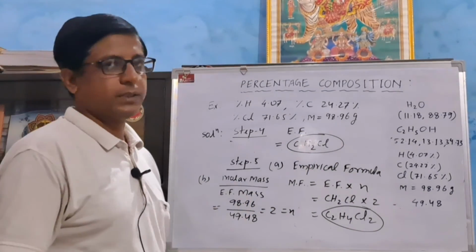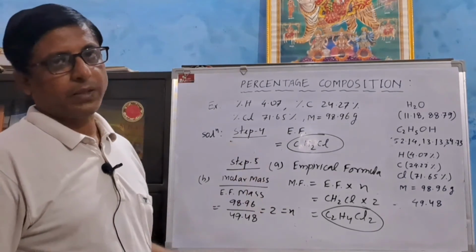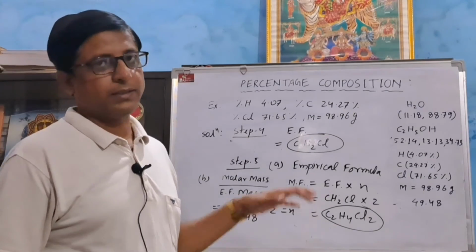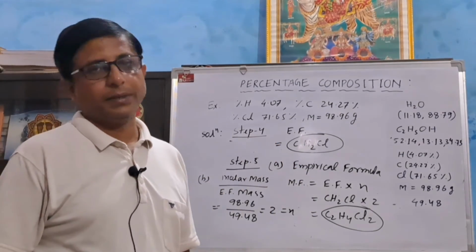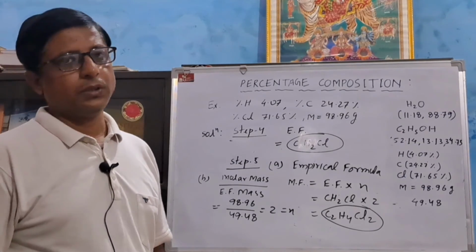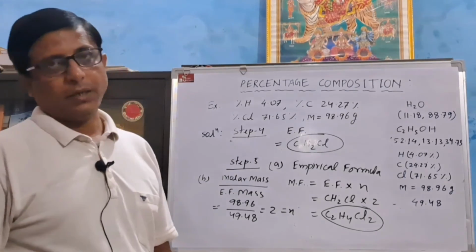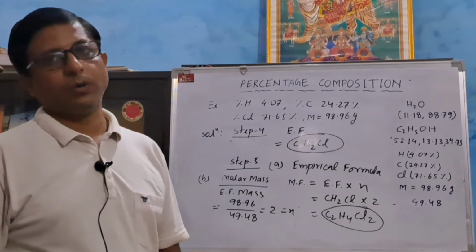So today I have discussed the percentage composition of different elements present in a compound, what its formula is, and how we can determine the percentage composition of a compound. Second, I have discussed the empirical formula and molecular formula.